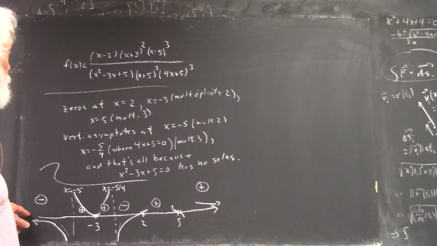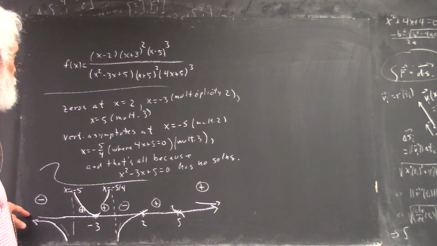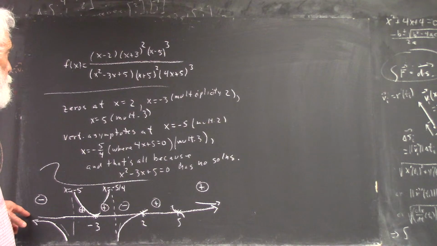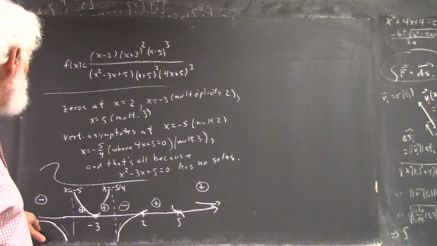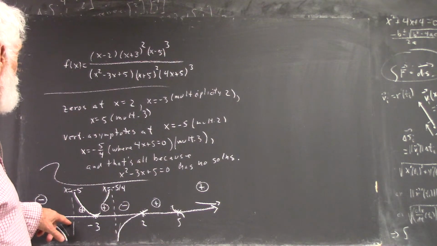Okay, I know it's negative here. Oh, wait a minute, yeah, it's degree 7, it's degree 6. Anyhow, it's negative here.